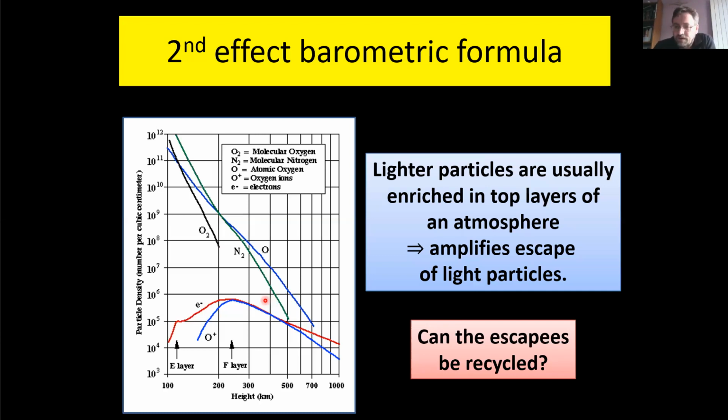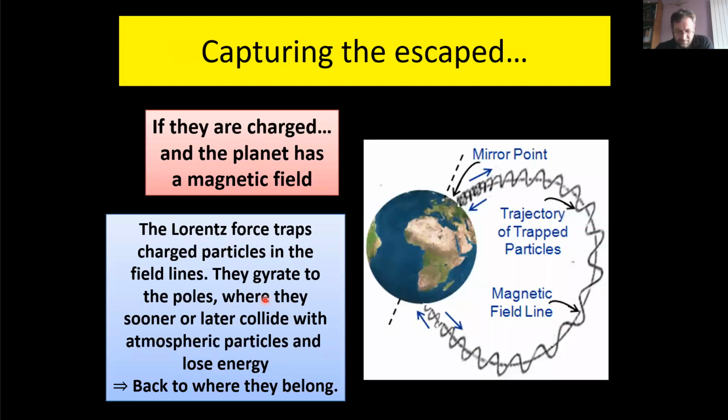We are quite lucky because the Earth has this magnetic field. So a particle escapes somehow, and what happens? It travels out into space, but then the magnetic field makes it gyrate.